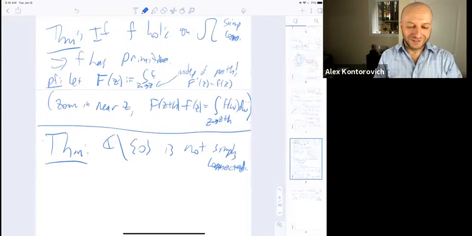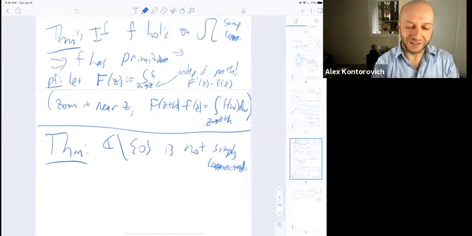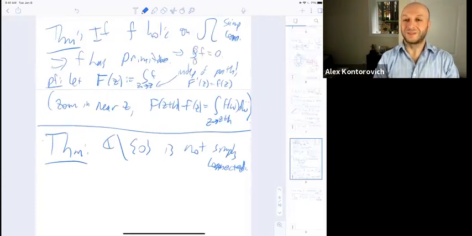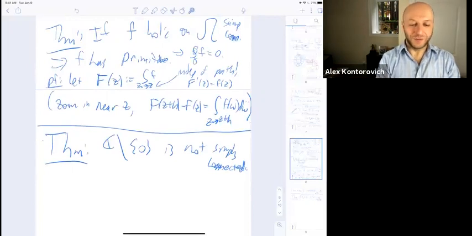So let me put it another way, and hence the integral over any closed curve of f is 0. Because if you have a primitive, then the integral is just the primitive evaluated at the two endpoints. If the two endpoints are the same, then the integral over a closed curve is 0.